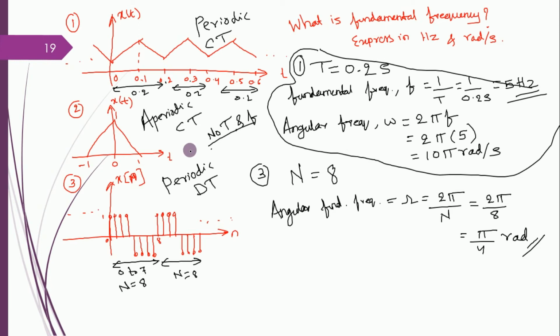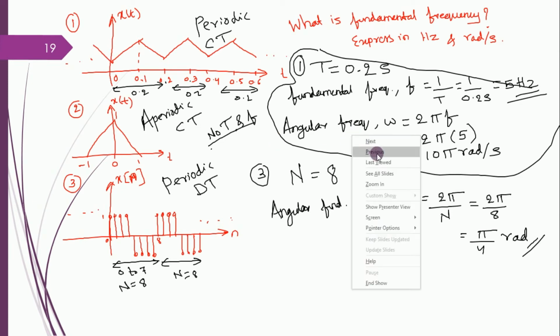Now we will look into further more examples. Let me take the next example now. The next example is: determine whether the following signals are periodic or aperiodic. You need to find whether the given signals are periodic or aperiodic, and also you should find the fundamental frequency if it is a periodic signal.